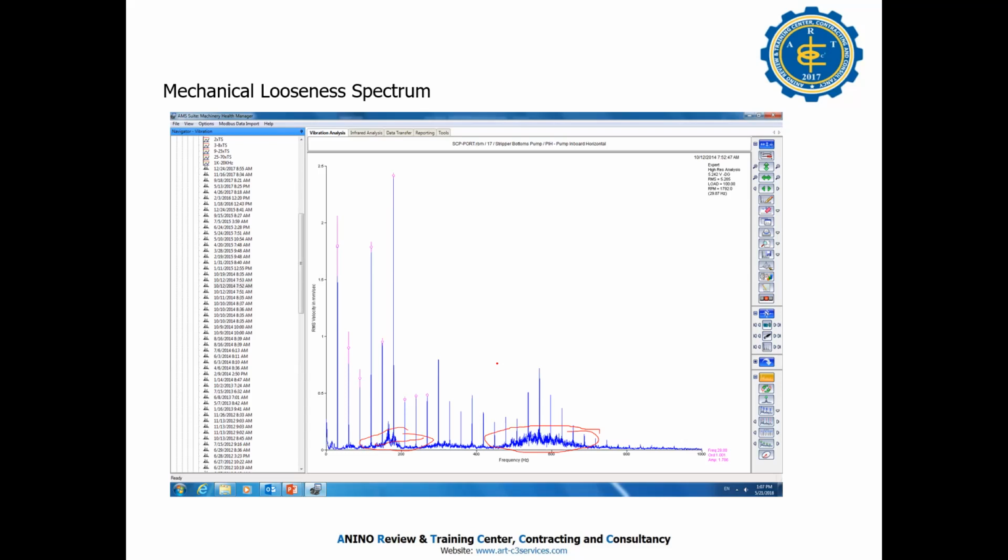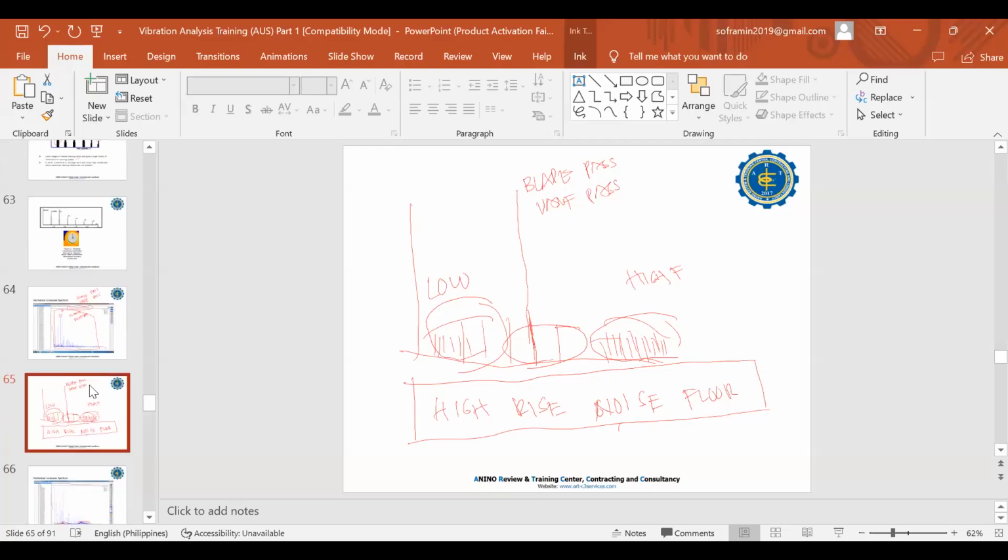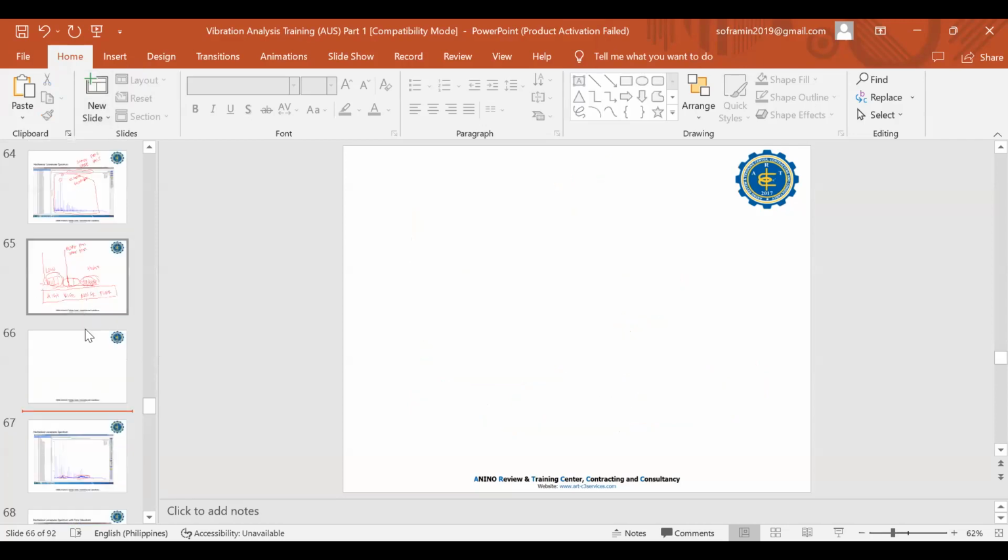Okay, I will draw, because it's good for you to know what happens if you do not change the bearing. For example, this is your bearing housing.